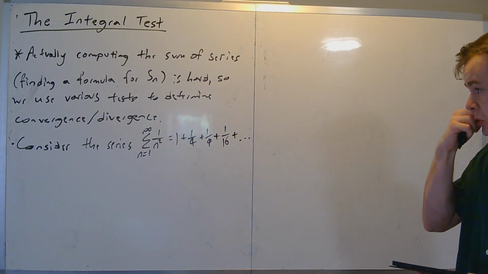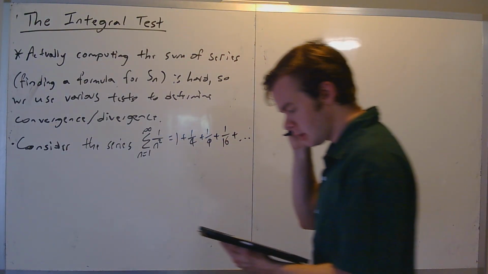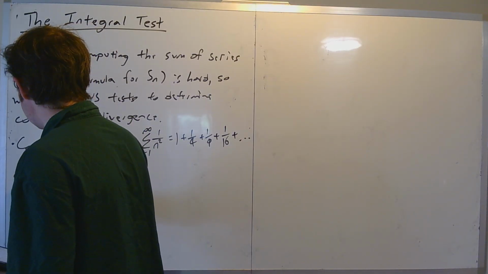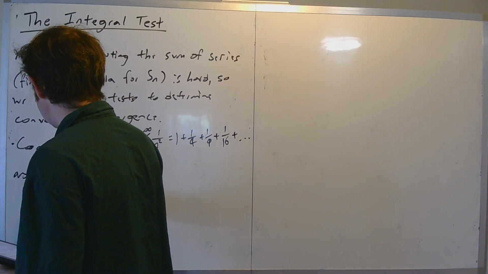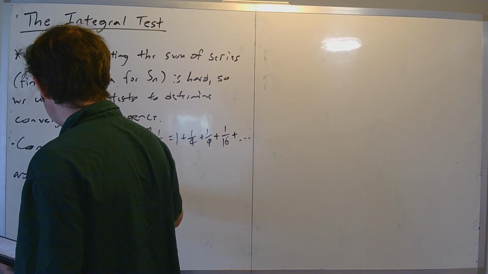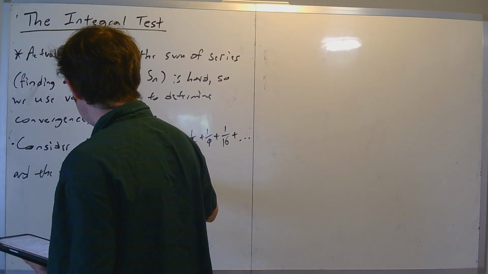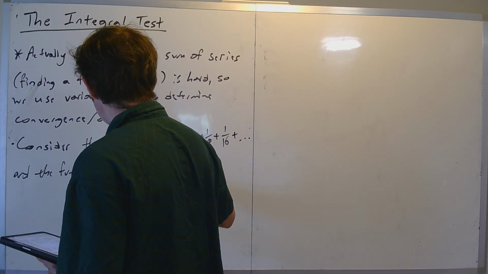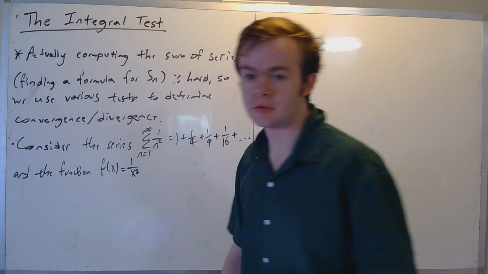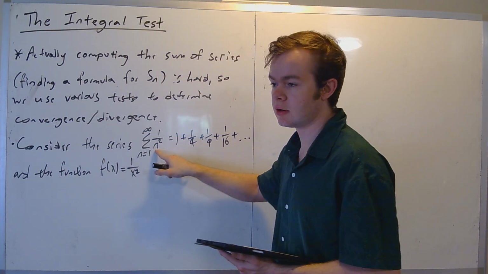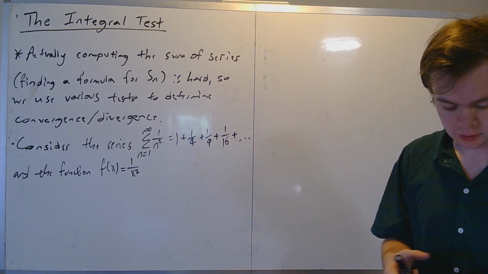Right, so let's just look at this series and the function f of x equals 1 over x squared. If you just turn this n into an x, that's the function that we have.